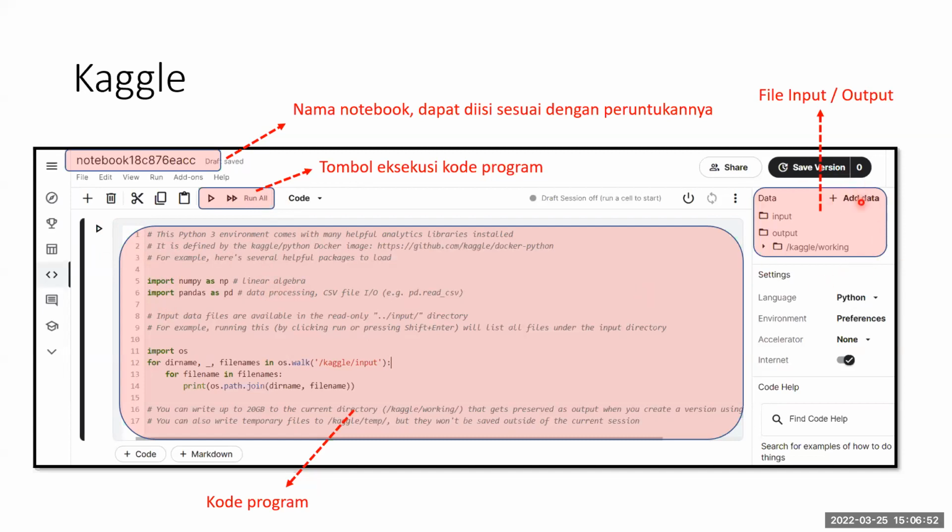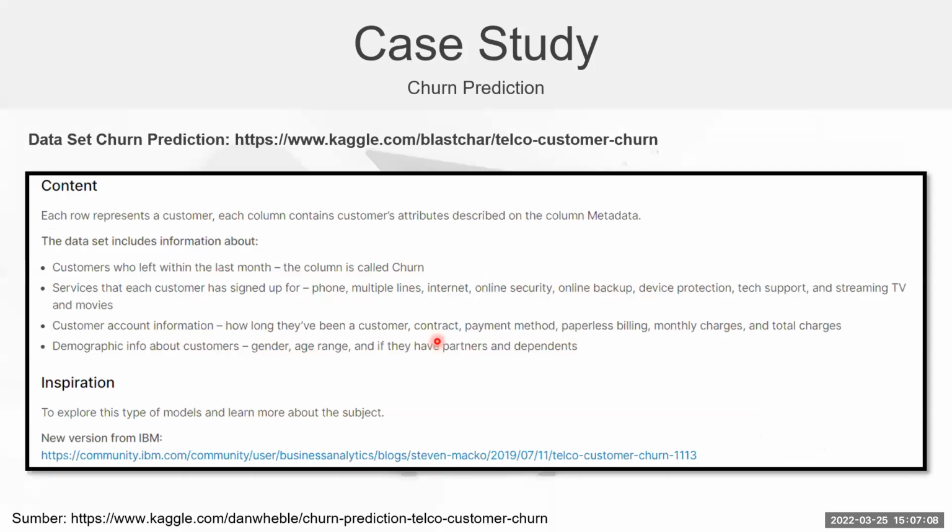If we want to use data, we need to add the data using this menu, and we can write the code here. In this case we want to explore the churn dataset.